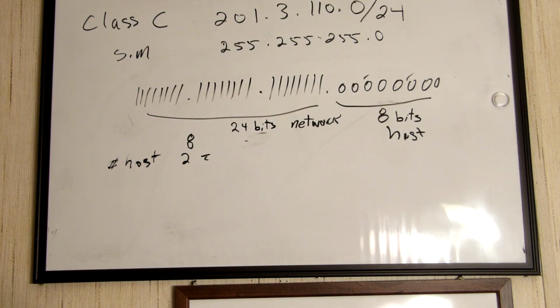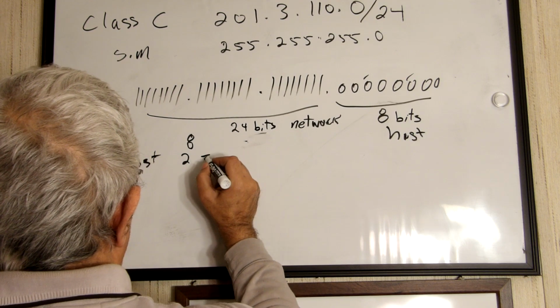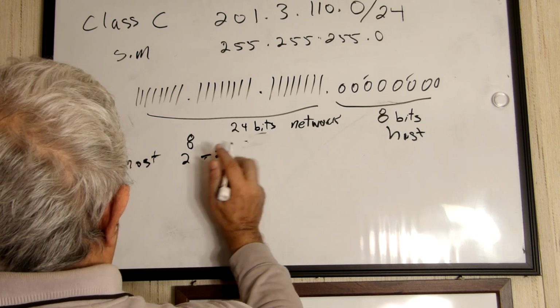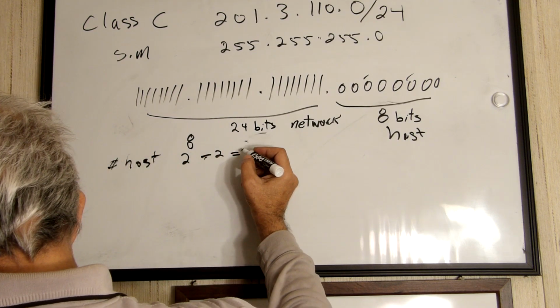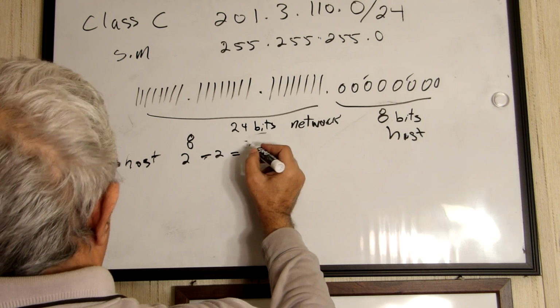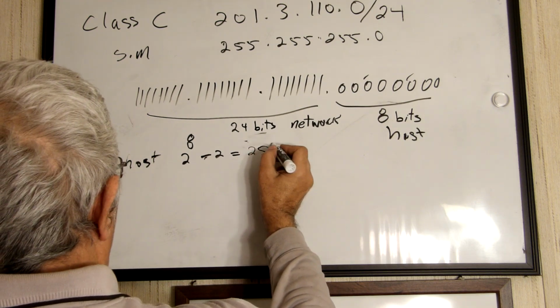So the number of hosts minus 2, the usable hosts, is going to be 254.